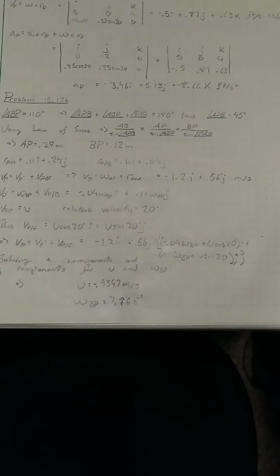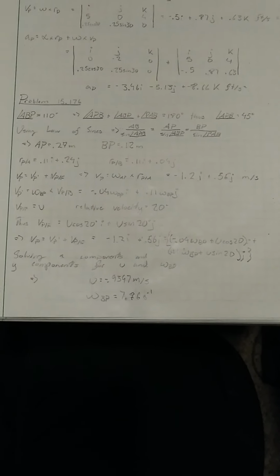And then considering the triangle APB, the sum of the angles is 180, so we used that summation to find that APB is equal to 45 degrees. And then we can use our law of sines to solve for AP and BP. So we get AP equals 0.26 meters and BP equals 0.12 meters.